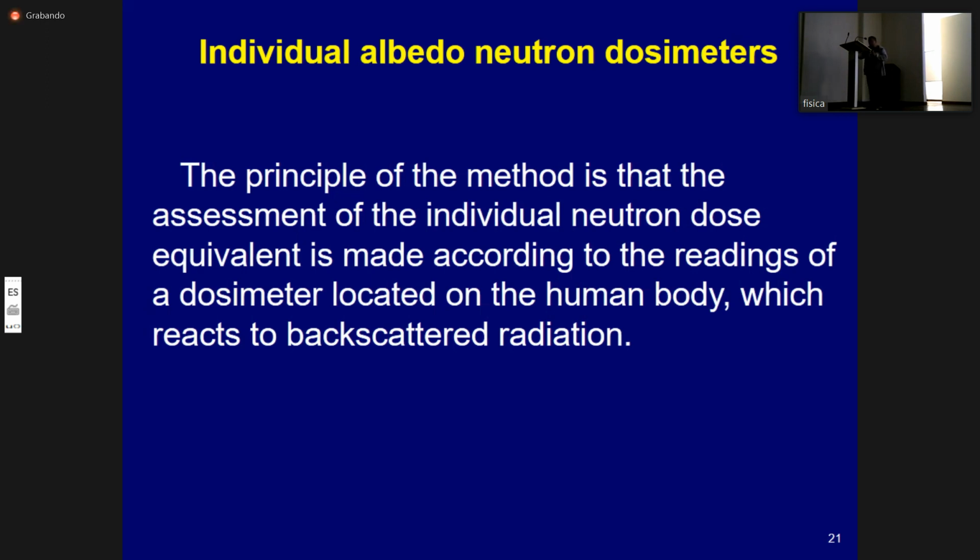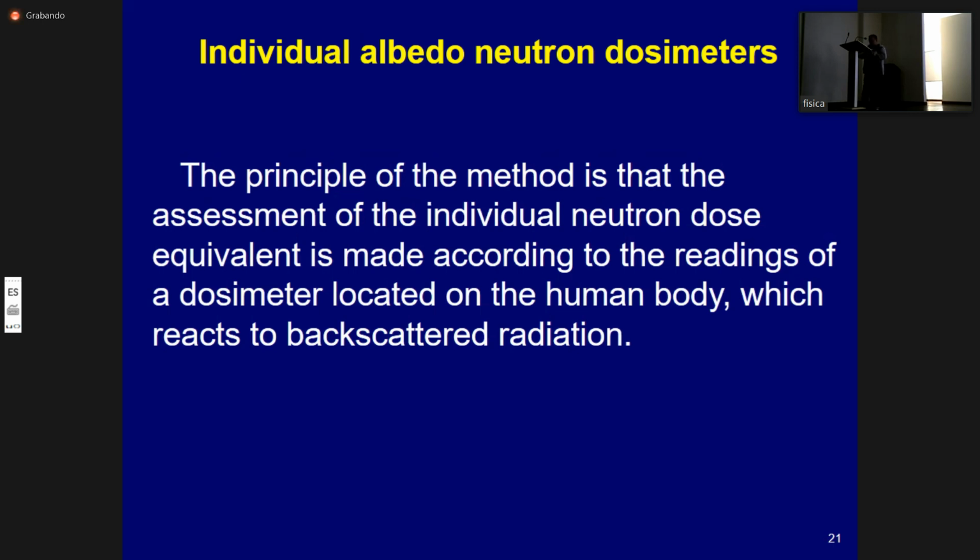When a person is in the field of neutrons, his body, due to the slowing down and scattering of incident neutrons, becomes, as it were, a source of thermal neutrons. The neutrons emitted by the human body are recorded by the albedo dosimeter. The albedo value is a ratio of the number of backscattered radiation particles to the number of incident particles.